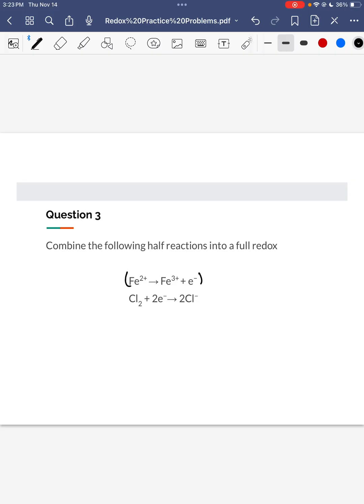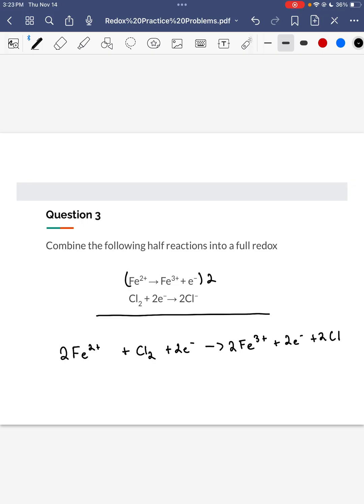So ultimately what that means is I have to multiply the top by 2 so that there's 2 electrons on the top on the product side that cancel out those 2 electrons on the bottom on the reactant side. So once I multiply that top equation by 2, I just rewrite everything. 2 Fe2+ plus Cl2 plus 2e- will yield 2 Fe3+ plus 2e- plus 2 Cl-.